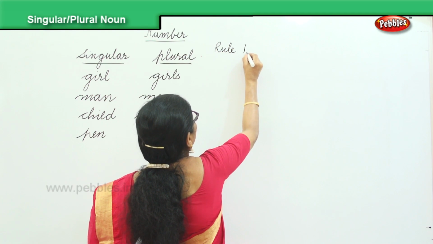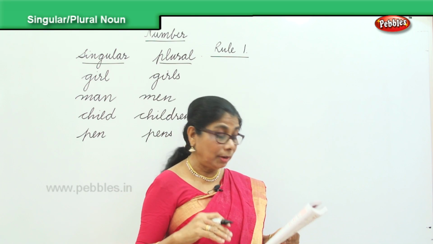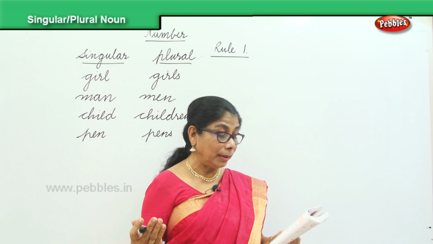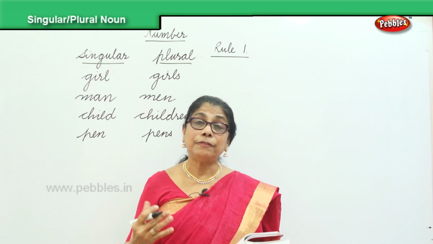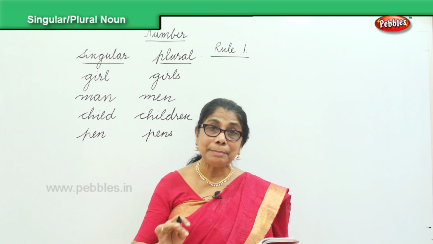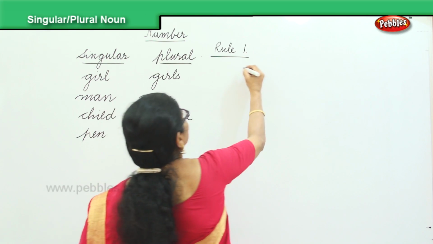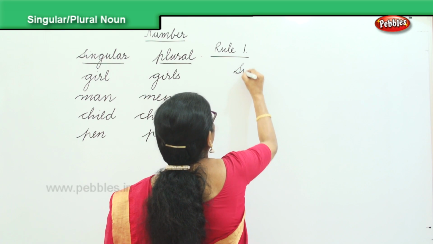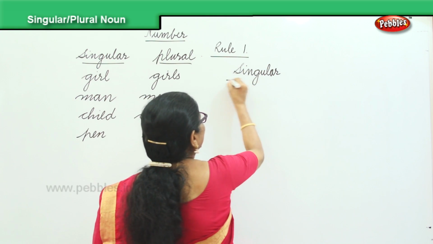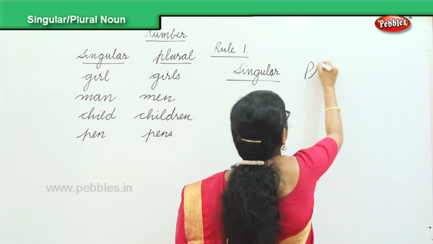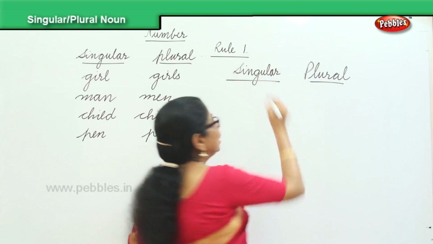What is the rule number 1? Most nouns, in this rule number 1, form their plurals by adding a simple s to the singular number. Now just look at that. So we have here singular, and then we have the plural. Now what did I say? What is the rule number 1?